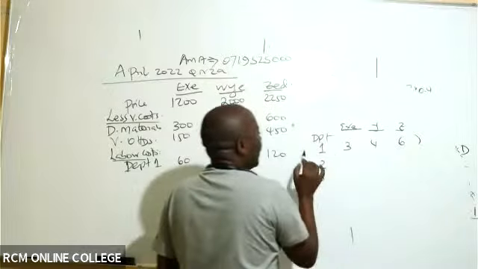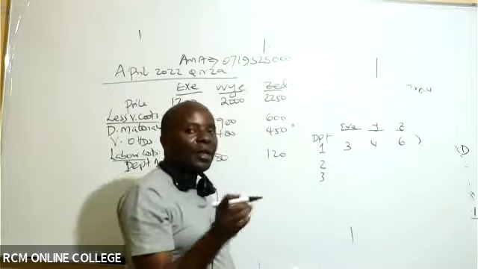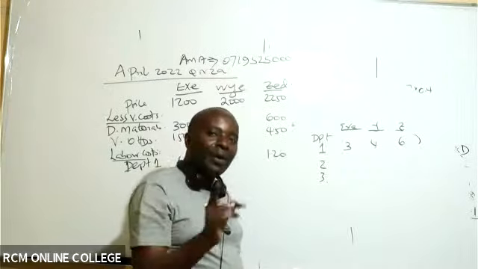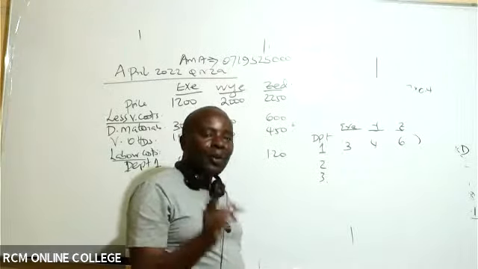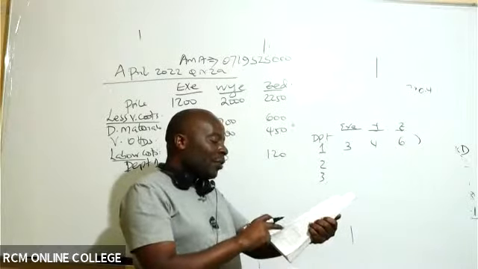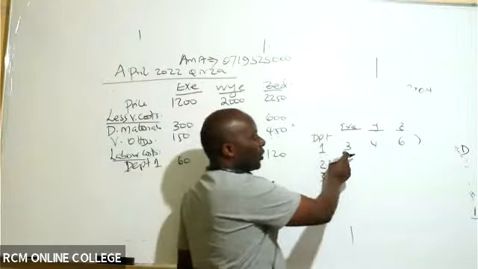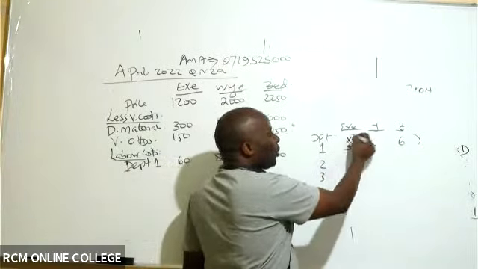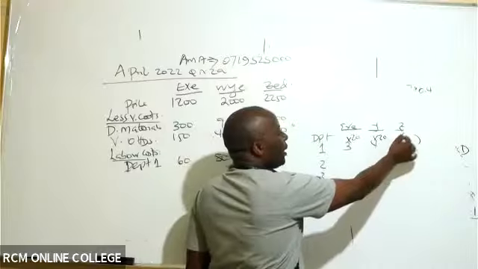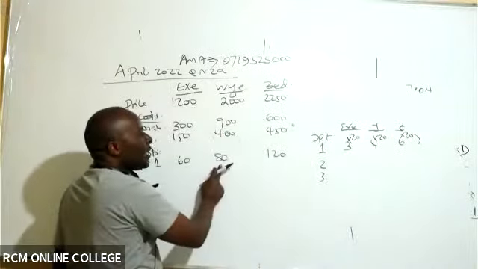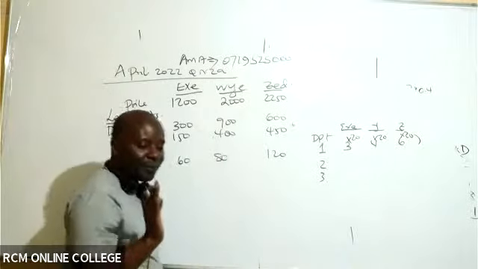In valuing the department 1 labor cost, they have a labor rate of 20 per hour. So 3 hours, each going for 20. That's how I was able to get these figures of 60, 80, and 120.